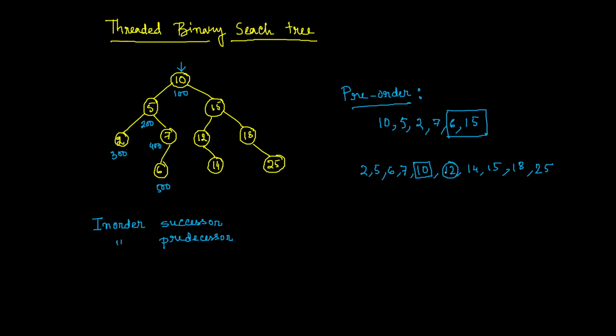So now, this in-order successor and predecessor we can store in a particular node, in a modified node actually. In the threaded binary search tree, what we are going to do is store the address of their in-order successor and predecessors.